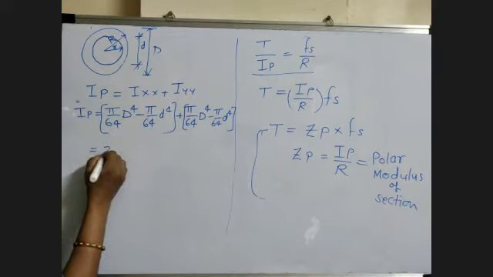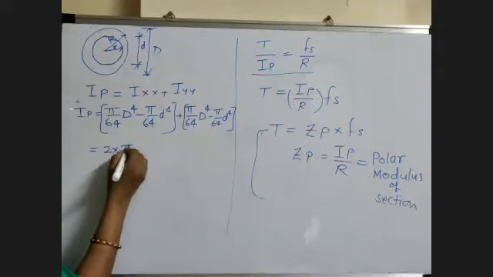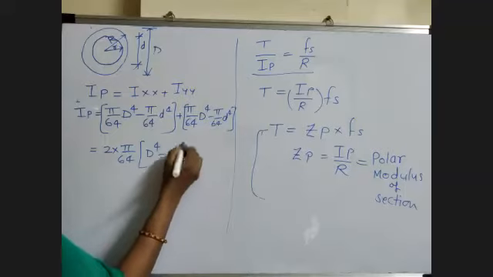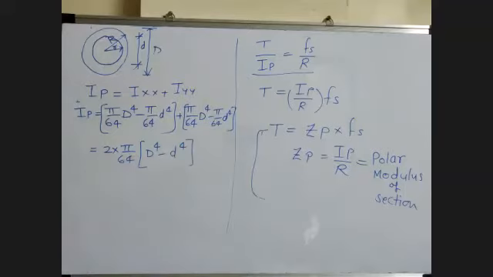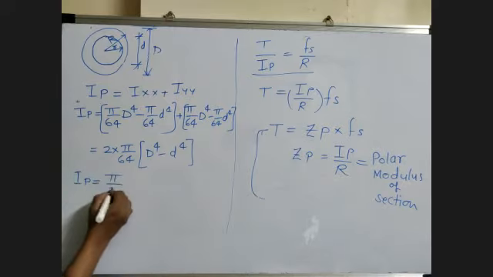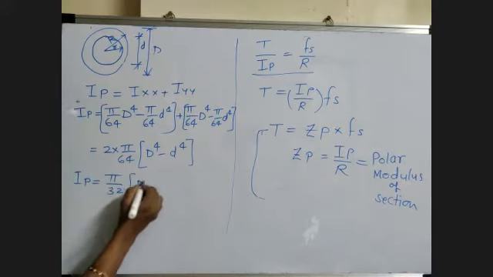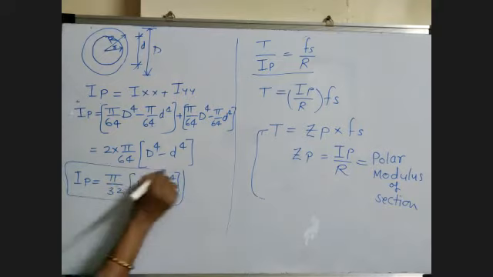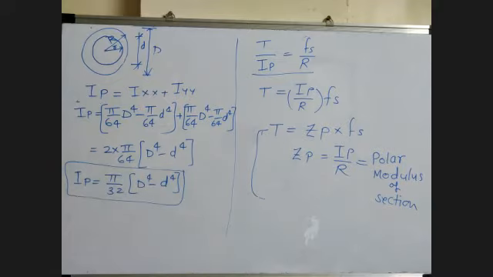So 2 into pi by 64 we take common. So what remains? D raised to 4 minus small d raised to 4. Is it correct? And then simplify it. So what is IP? This is your pi by 32 into D raised to 4 minus d raised to 4. So this is the value for IP, polar moment of inertia. Now we take R.